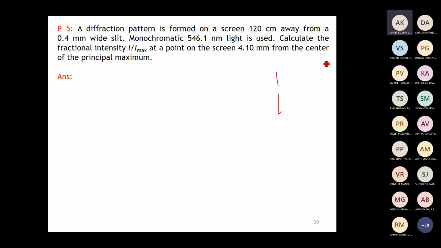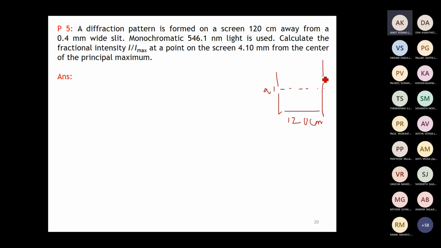You have a single slit, you have a screen, and this width is a, which is 0.4 millimeter, and this is 120 centimeter, and this is the central maxima, and you have to calculate the intensity at a point on the screen 4.1 millimeter from the central maximum.